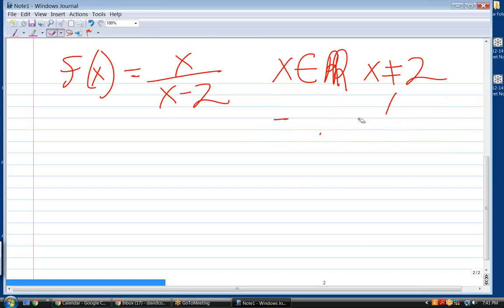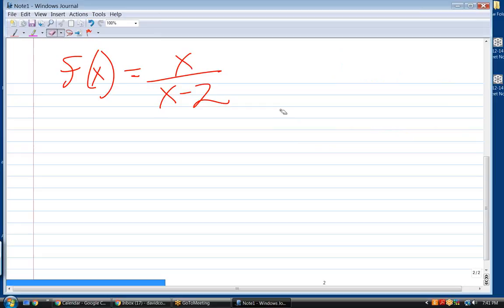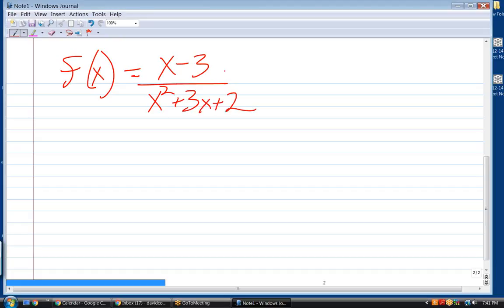Got another function that you want to know domain on? Yes. Okay. f of x is equal to x minus 3 over x squared plus 3x plus 2. What's our restriction going to be here?